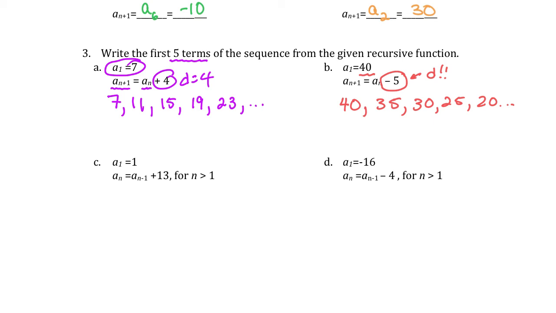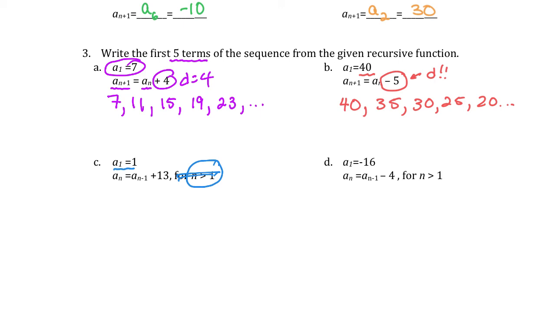Okay. C is a little bit different. Just slightly different, but the same steps. Do you guys see this n is greater than 1? All it means is for anything other than the first term. But what does that really mean to you? You don't care.